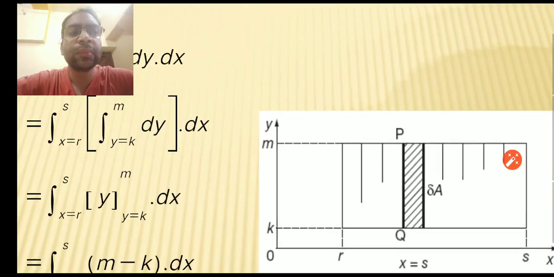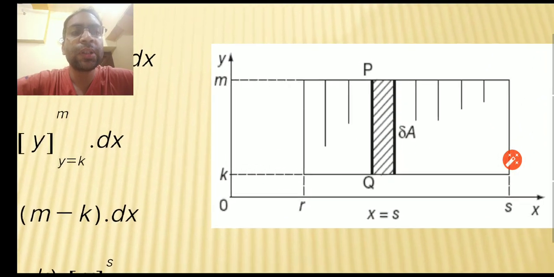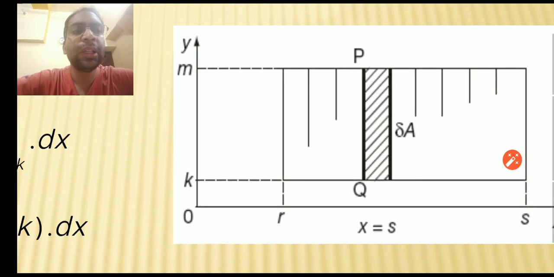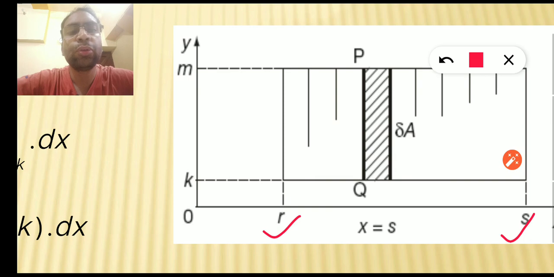Let us see the example of this vertical strip. Here we can see that this is the vertical strip which is bounded by these boundaries on the x axis with r and s, and on the y axis with k and m.